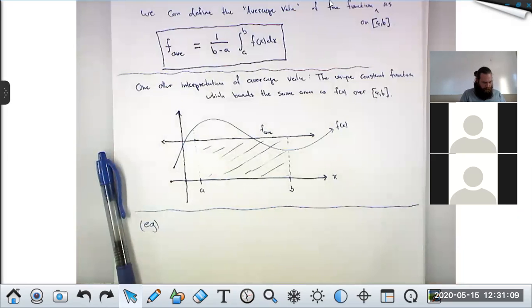Average value. This will give me an excuse to do one or two little integrals like this, that's boring.